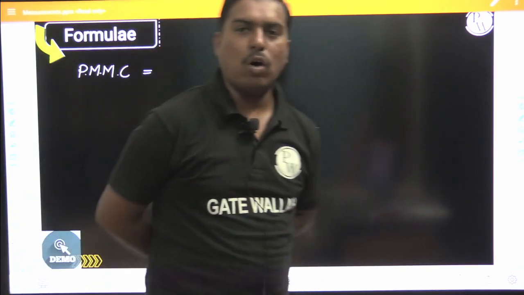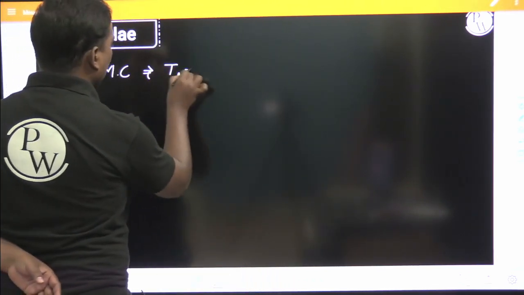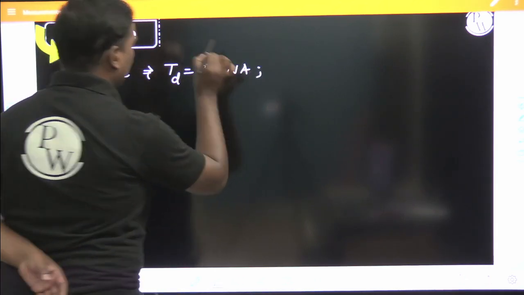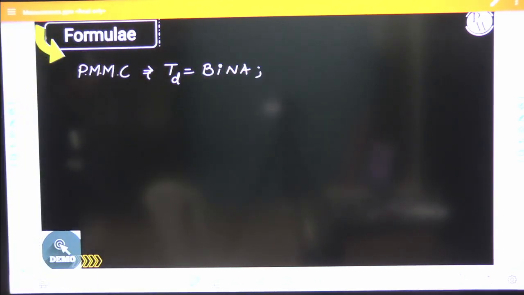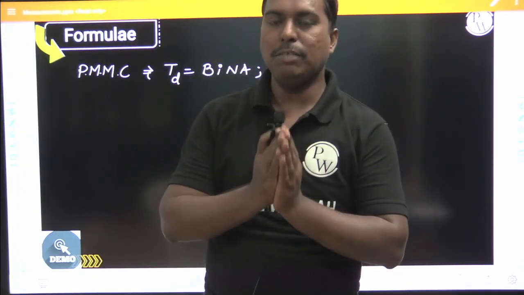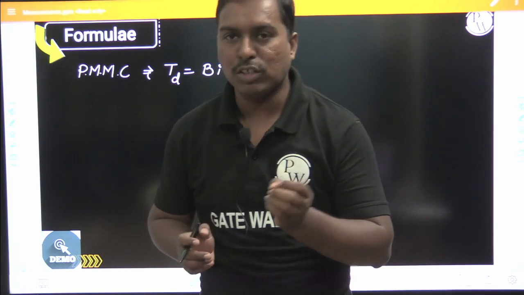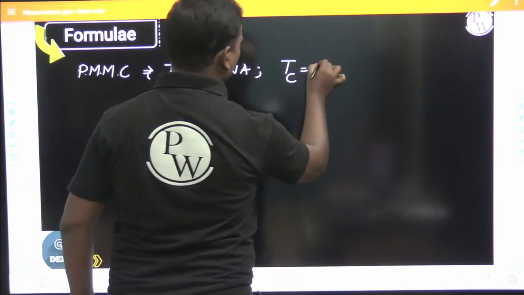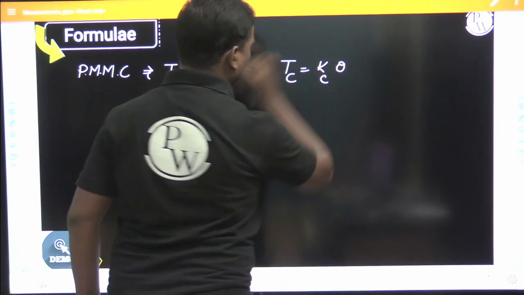For the PMMC, permanent magnet moving coil, the deflection torque is given by the formula TD is equal to BNAI. B is the magnetic flux density, I is the current passing through the coil, N is the number of turns, A is the area of cross section, and Tc is equal to Kc theta.